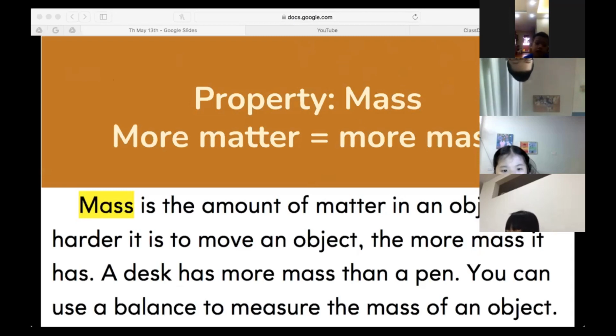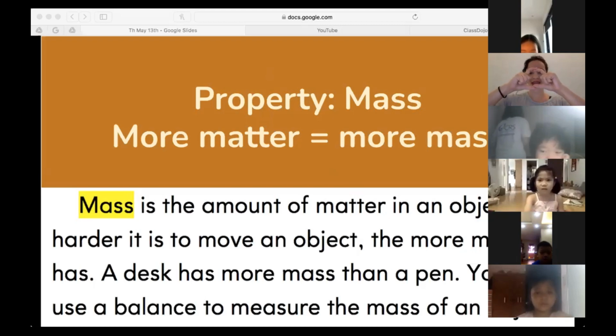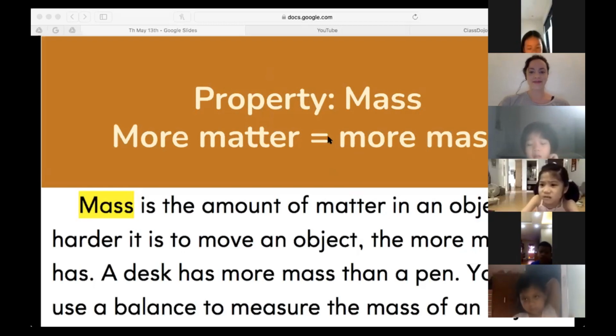Okay? Remember, solids are tighter. Liquids are flowy. So if I have a solid this big and a liquid this big, which one do you think will have more mass? I have a solid this big and a liquid this big. Which one do you think would have more mass if they're the same size? Zook, what do you think?